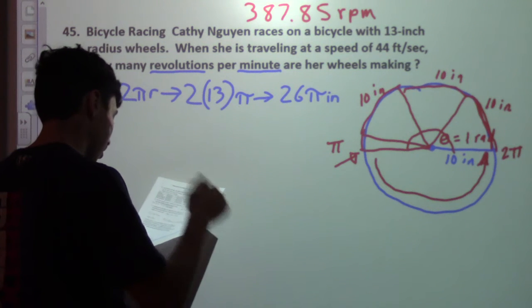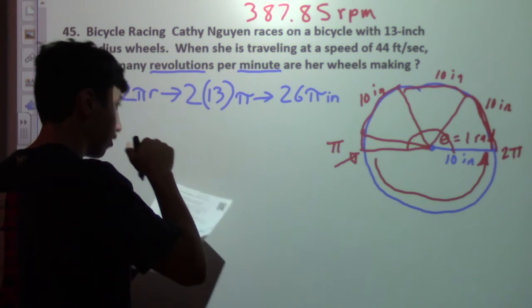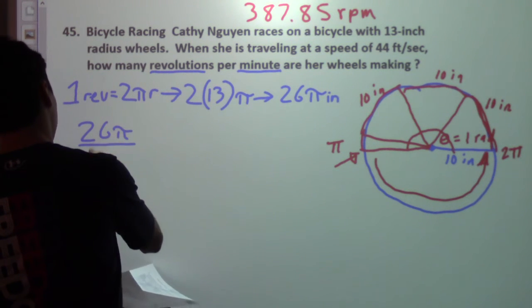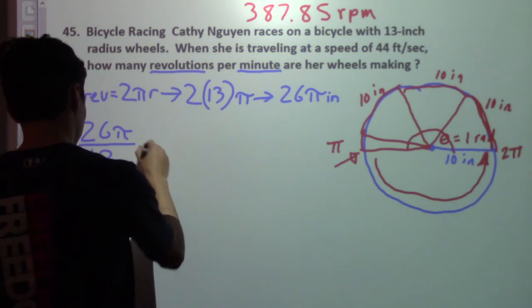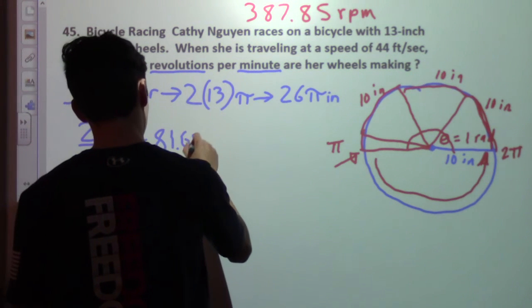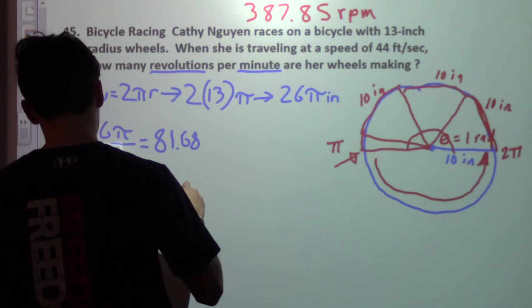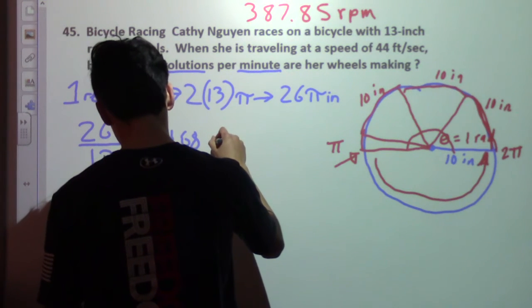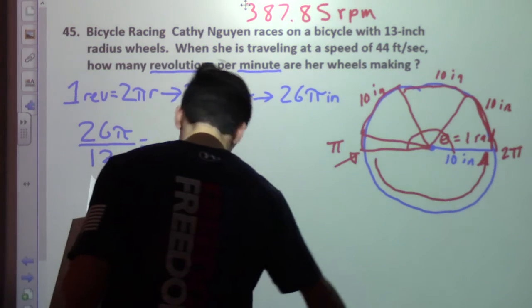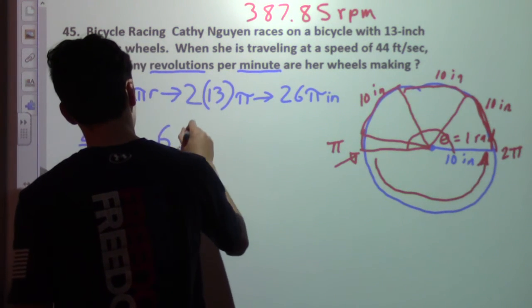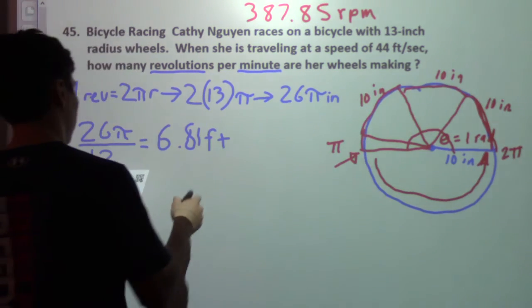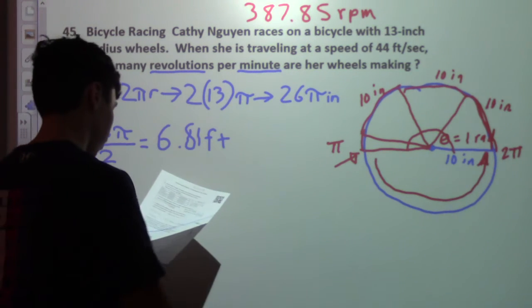You divide by 12. 26 over 12. So 6.81 feet in one revolution.